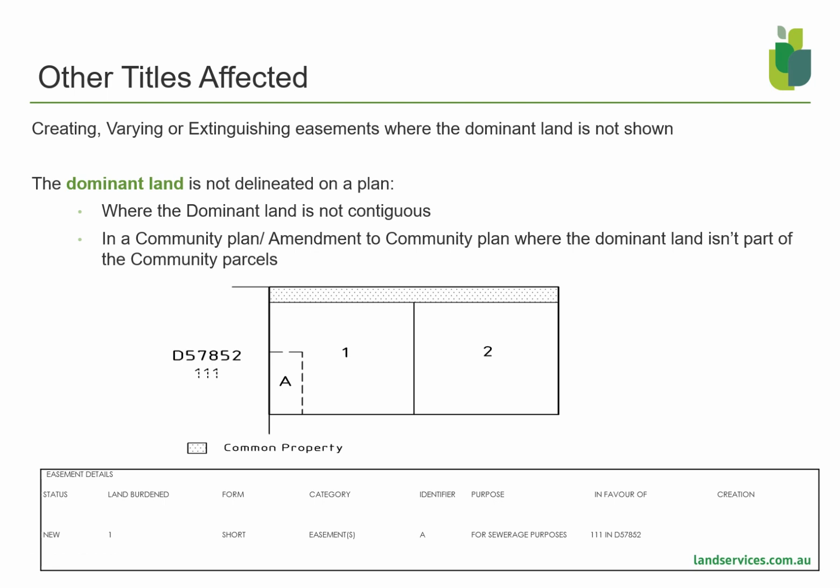As the dominant land is under the Real Property Act and the servient land is under the Community Titles Act, the dominant land cannot be shown on the plan and the title for allotment 111 in D57852 must be shown in the other titles affected panel. The easement note below the diagram will show the creation of the new easement A over lot 1.